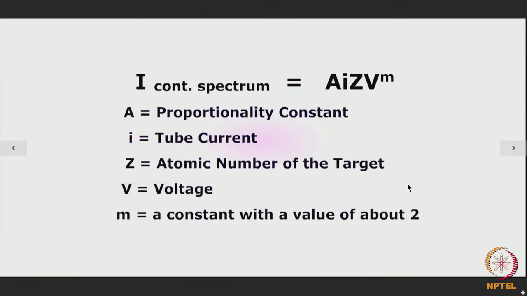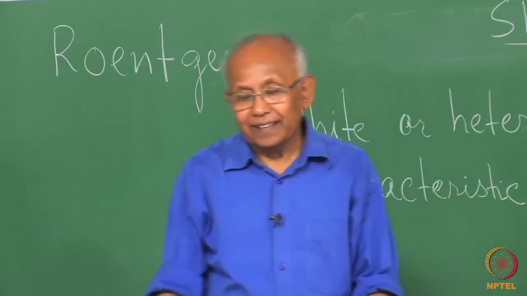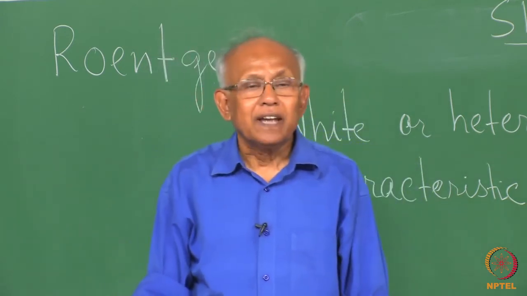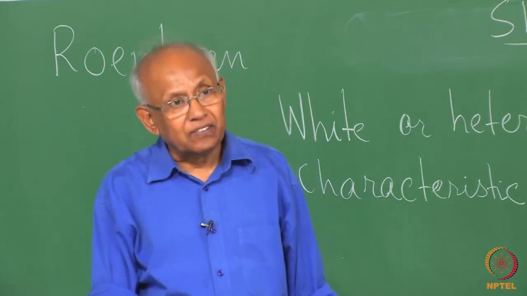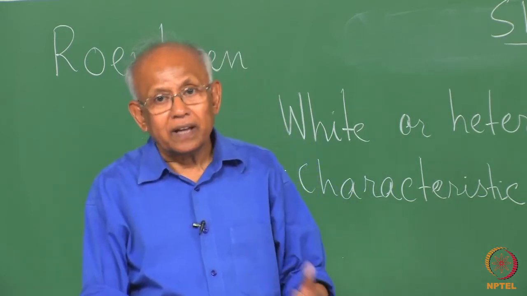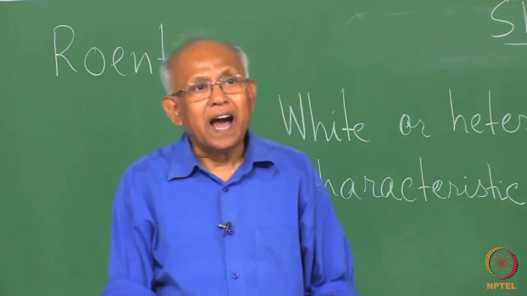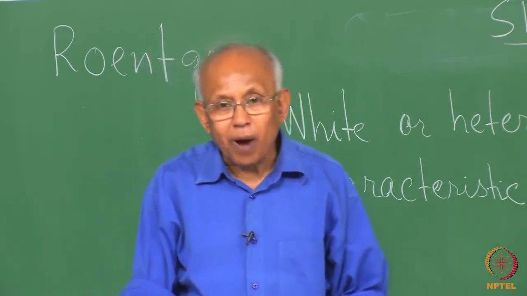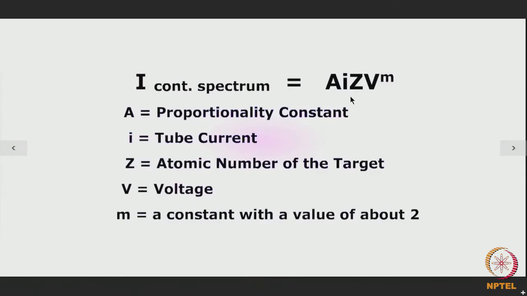You see, sometimes it is necessary, as we will see later on, to have a white radiation of sufficiently high intensity, for some particular crystallographic work. So, how to get a high enough intensity of the white radiation or the continuous spectrum? Now, as you can see here, there are several possibilities.